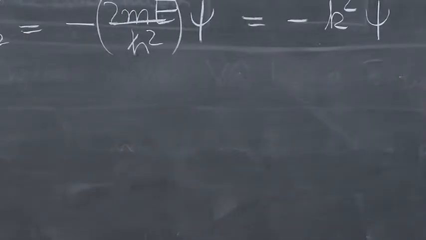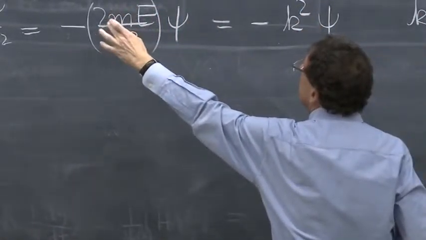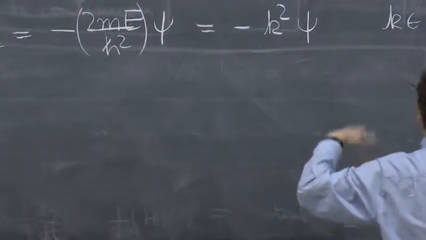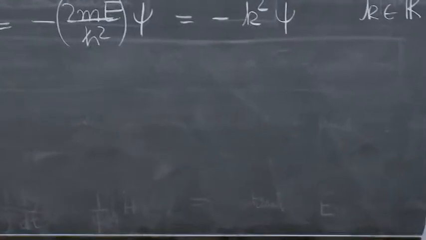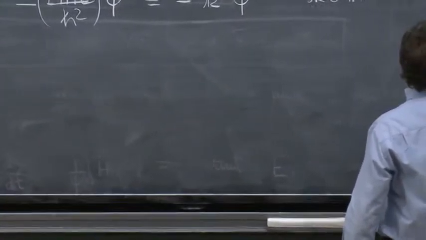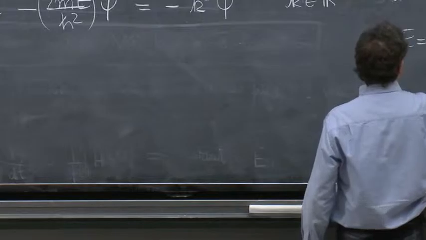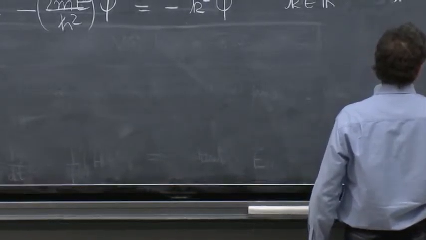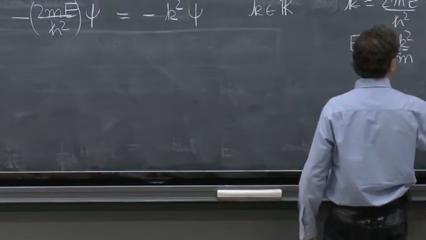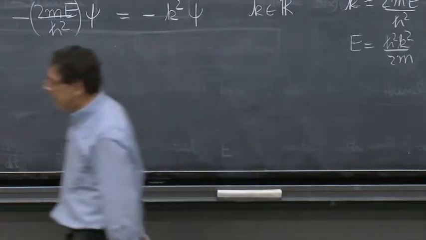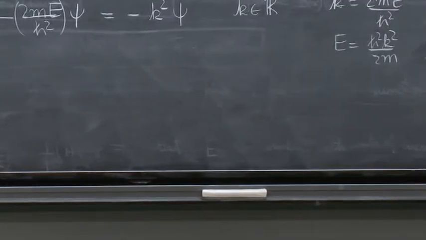K real. Because k is real, its square is positive, and we've shown that the energy is positive. And in fact, this is nice notation, because if you set k squared equal to 2mE over h bar squared, you're saying that E is equal to h bar squared k squared over 2m. So in fact, the momentum is equal to h bar k, which is very nice notation. So this number k actually has the meaning that you usually associate, that h bar k is the momentum.